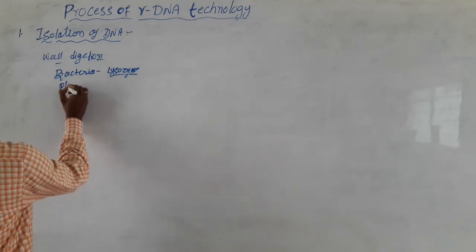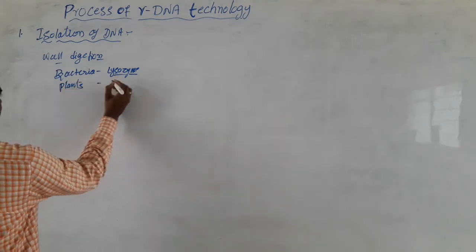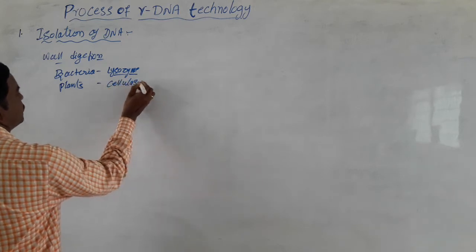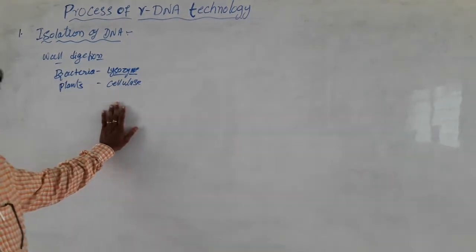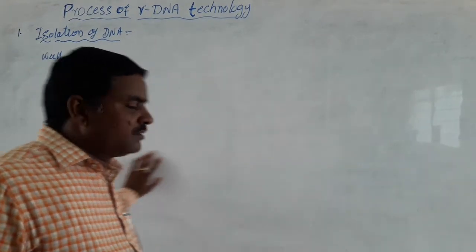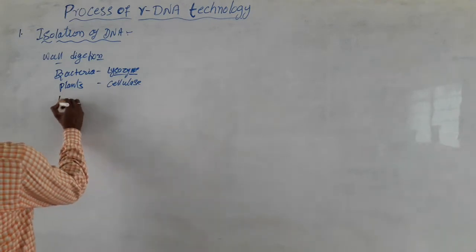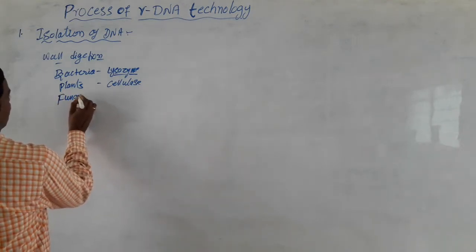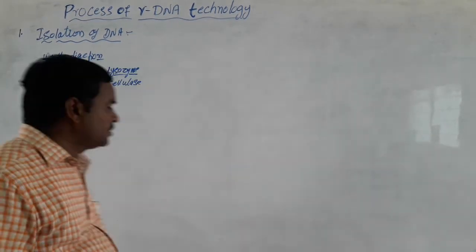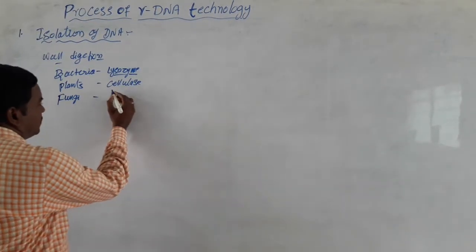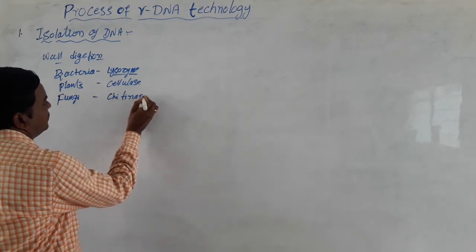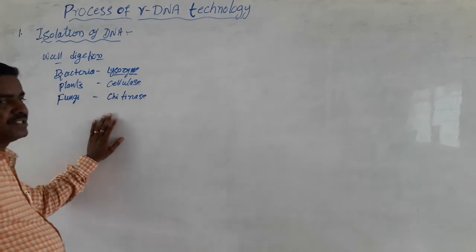But in case of plants, cellulase is used for digestion of the wall of plants. But in case of fungi, what is the cell wall material present in fungi? Chitin. So the enzyme that degrades this chitin is called chitinase. In this way, first the wall is digested.